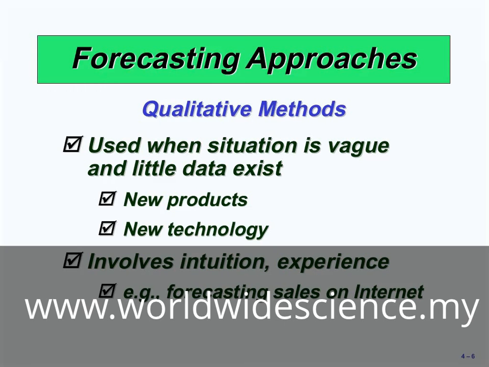The qualitative method involves intuition and experience, because you don't have access to enough data. You should be smart. You should use your tact to forecast a new technology or new product.